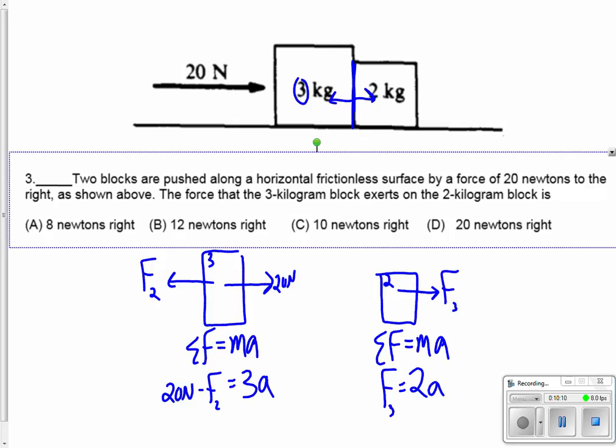So two blocks are pushed. Now I can read it and solve it. Two blocks are pushed along the surface by a force of 20 newtons to the right. The force that the 3 kilogram block exerts on the 2 kilogram block. But let's make this very clear. The force of the 3 on the 2 is the same as the force of the 2 on the 3, right?